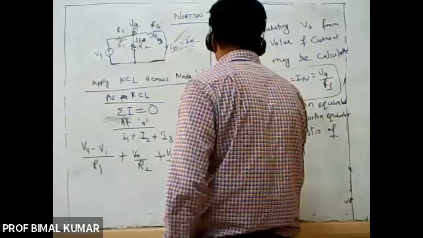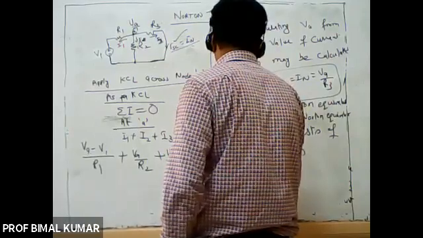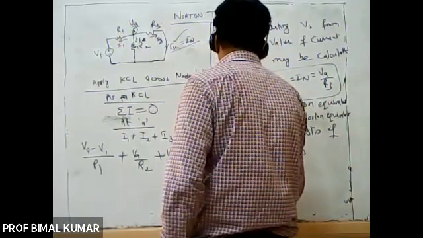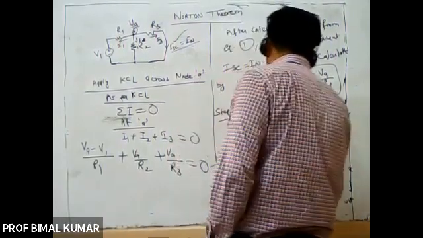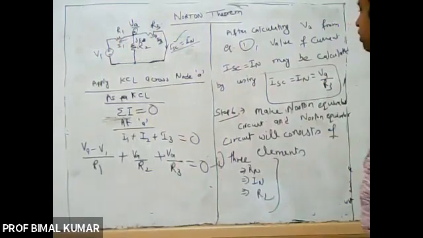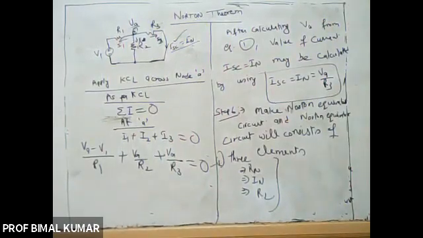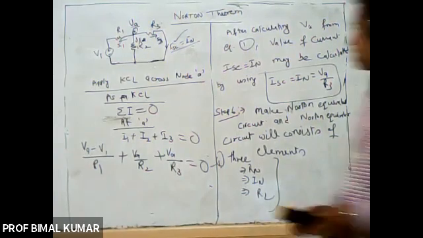Which ones? Rn, then In and RL. Right? Norton equivalent resistance, Norton current, and load resistance.